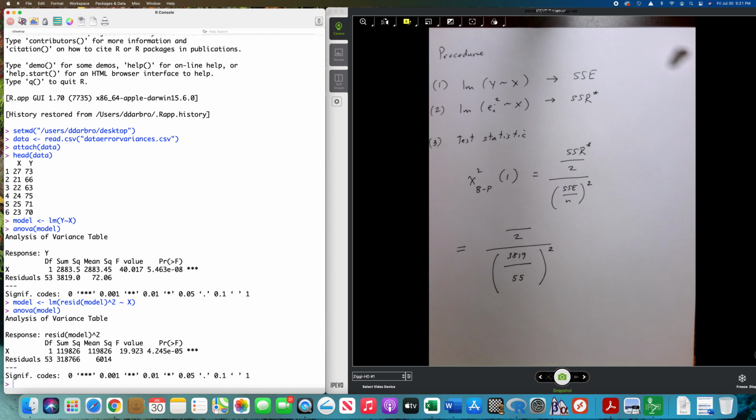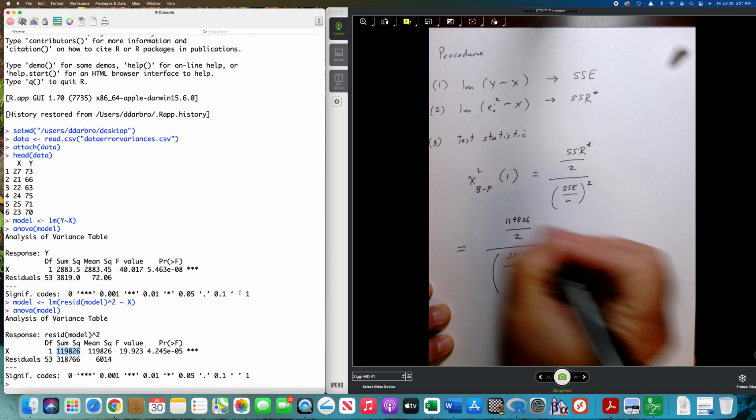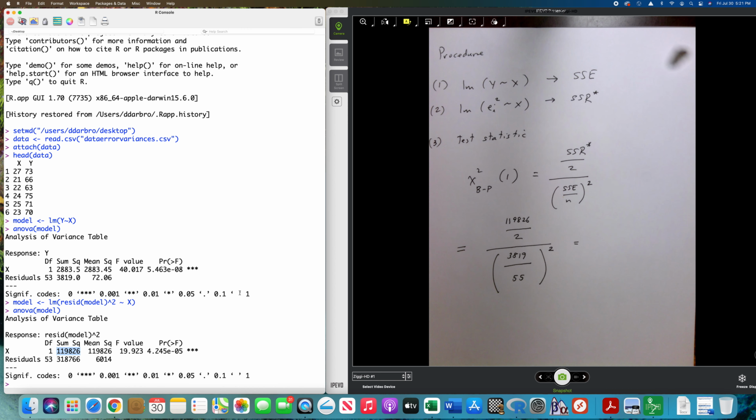And so the sum of squares for the regression is 119,826. So if I can put that in my calculator without doing something goofy, it's going to be an easy problem.